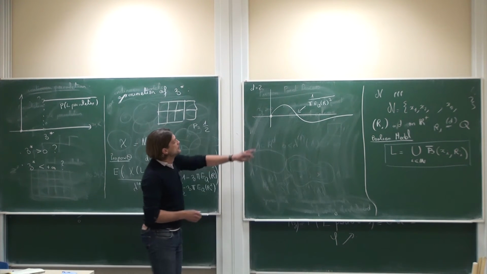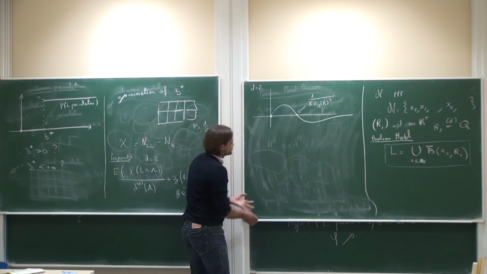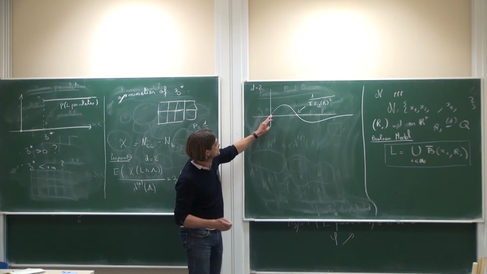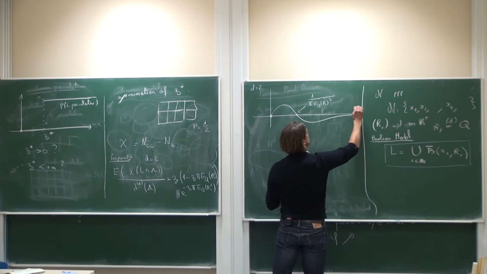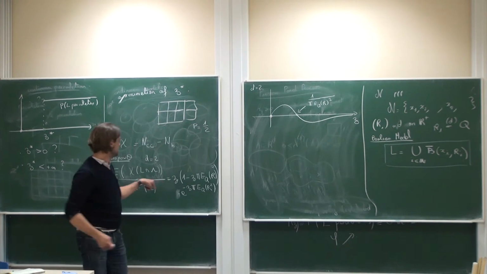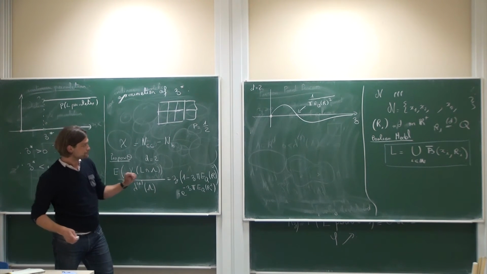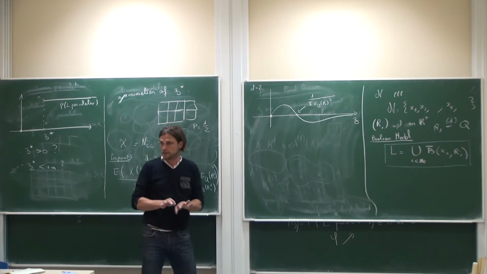Here, just to have a feeling of what happens: at the beginning z is increasing, and here is the value of the mean Euler characteristic. When z is equal to 0, there is nothing in the space.